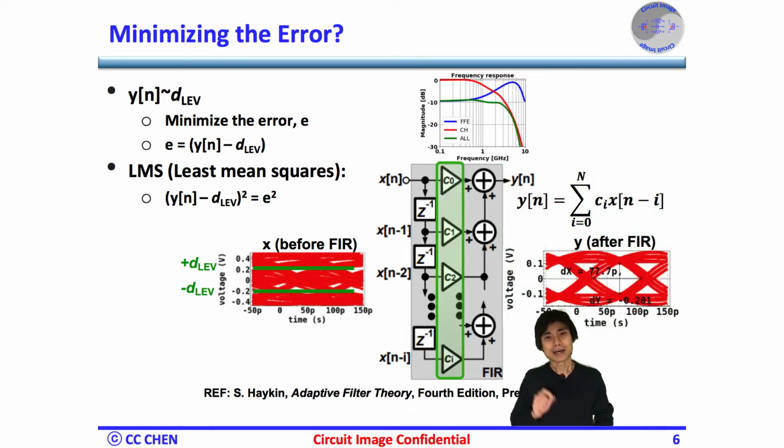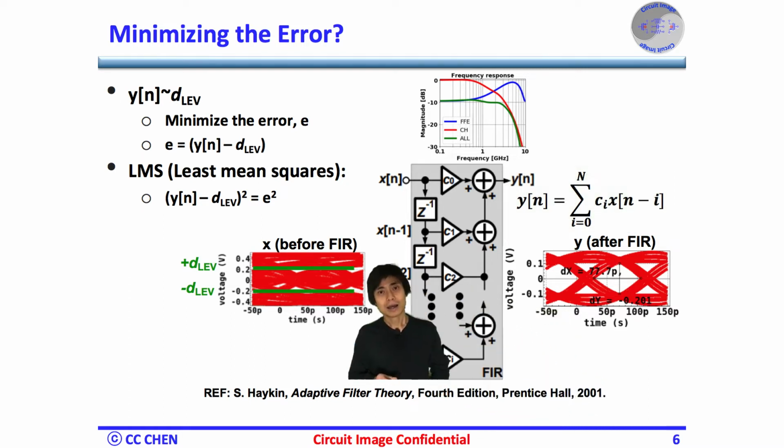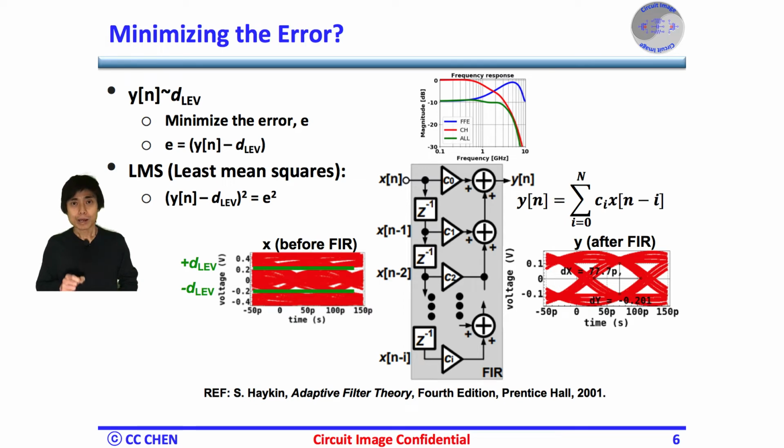The Ci is the ith tap coefficient of the filter and would be the weighting of the ith delay of the x of n. Then the output y of n is the linear combination of the Ci times x of n minus i, with i from 0 to n. For the error between the y of n and D-left, we don't care if the error is positive or negative.